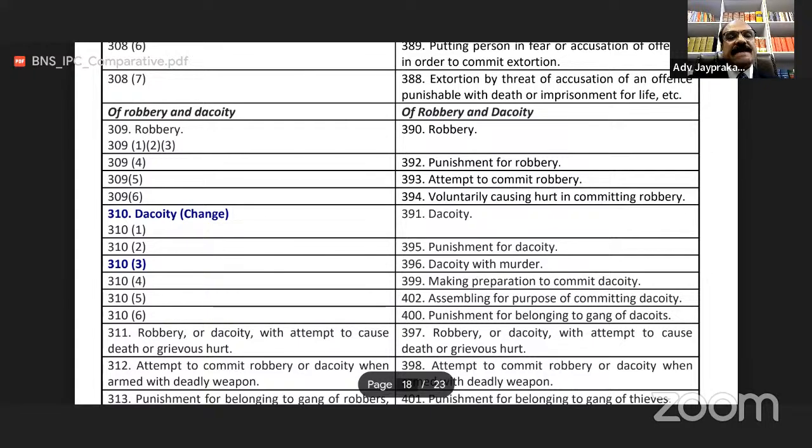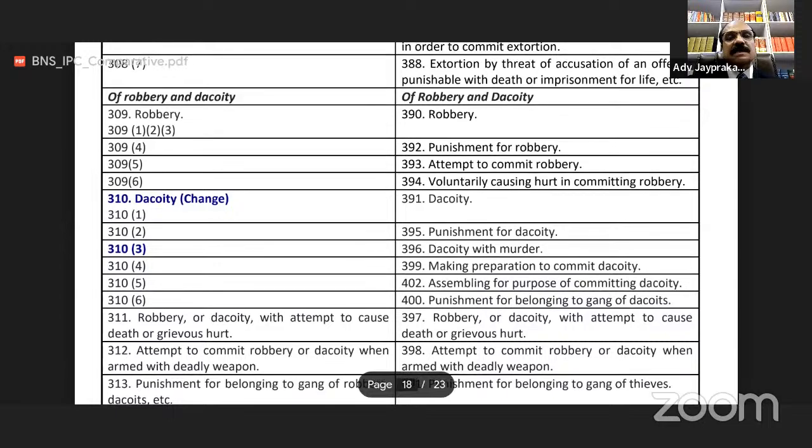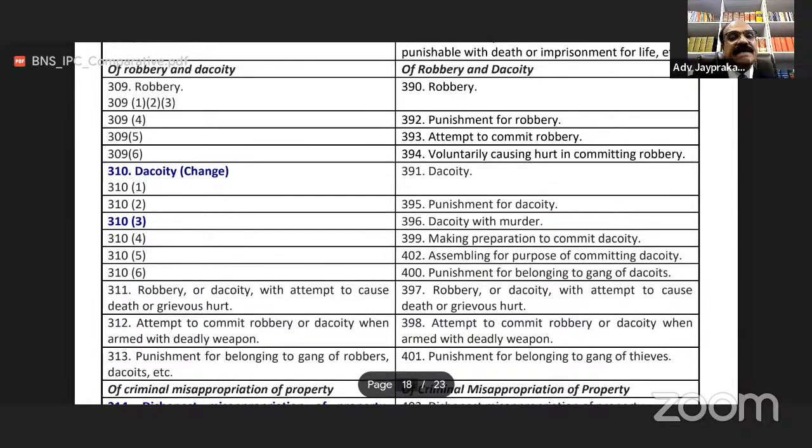Of robbery and dacoity. BNS section 309, robbery. Its corresponding section was in IPC 390. BNS section 309(1), 2, 3. BNS section 309(4) is related to punishment for robbery.